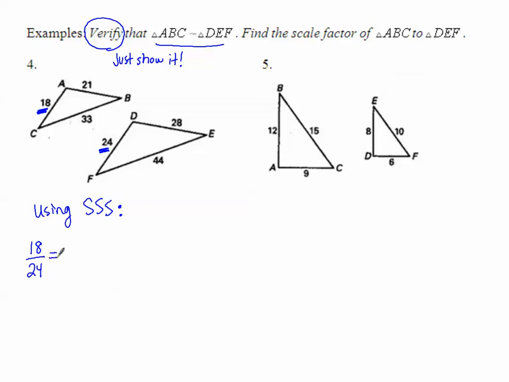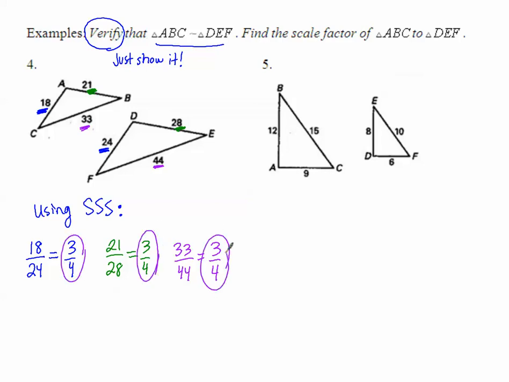We will simplify that fraction, 3/4. Then I'll do medium number. Next biggest is 21. Next biggest here is 28. So 21 over 28. That also simplifies to 3/4. Finally, the largest ones, 33 and 44, 33 over 44, that also simplifies to 3/4. So we're showing that the sides are proportional using SSS.